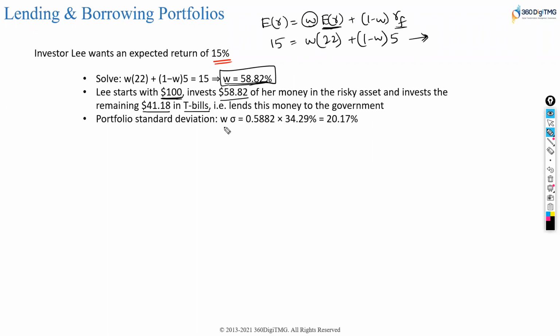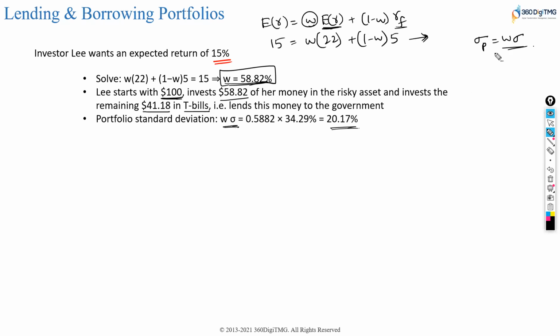And you also have this portfolio standard deviation, right? Basically, the amount of risk that is involved, which is 20.17. Risk on the portfolio is equal to W into sigma. So W into risk of the risky asset, because the risk-free asset doesn't have any risk, right?